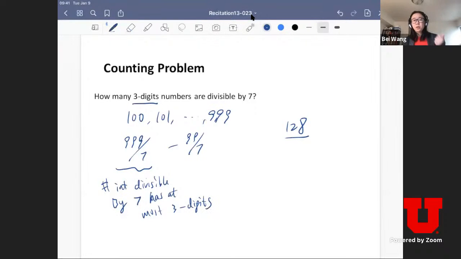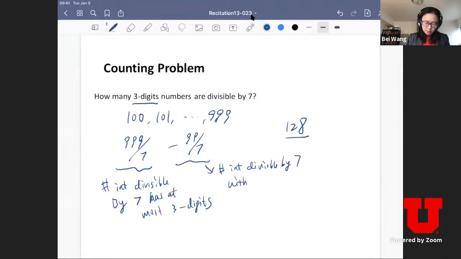Okay, but it includes 1 digit and 2 digits as well. And then it subtracts the number of integers that are divisible by 7 with at most 2 digits. Okay, so you're using sort of the exclusion principle. So that's version number 1.